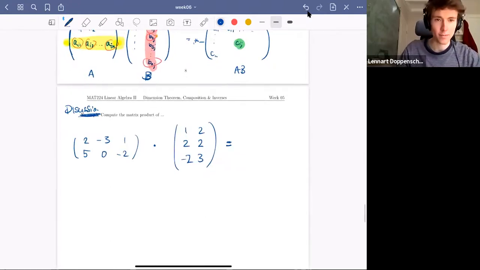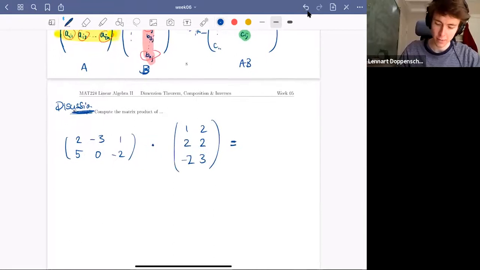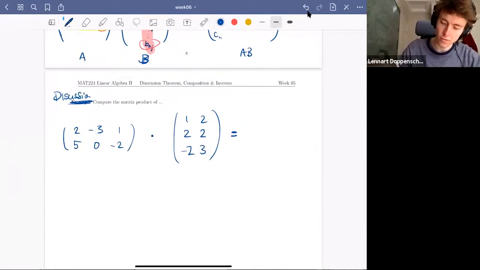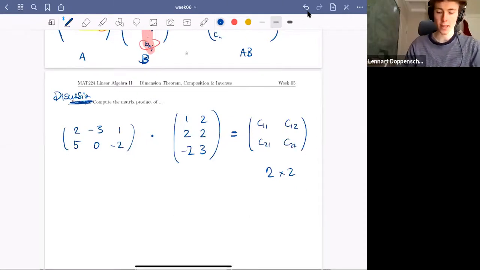Let's see how we get this. So first of all, this is going to be a 2 by 2 matrix, and we're going to have C11, C12, C21, and C22.